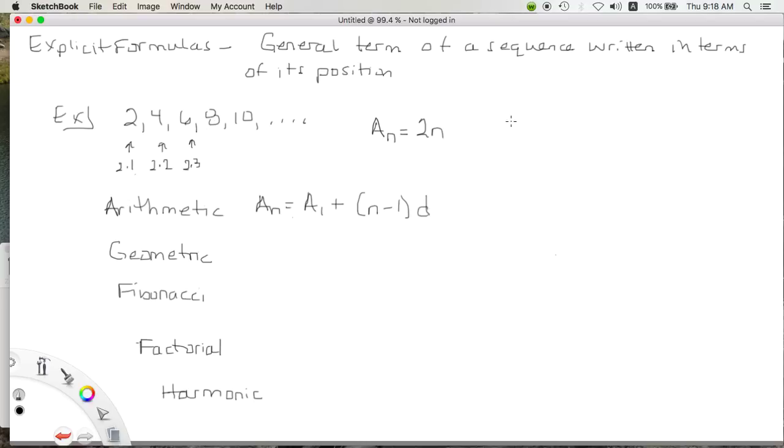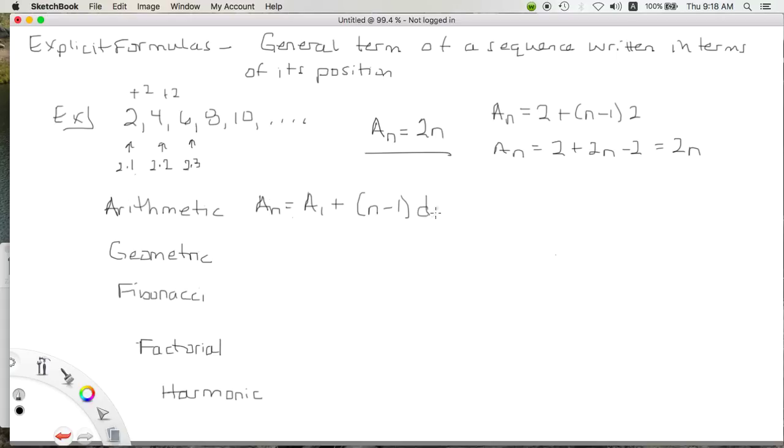So for this one here, we added 2 between each term. This is an arithmetic sequence, so we could write this as a_n equals the first term plus n minus 1 times the common difference. And then you'll notice that if you distribute, you get exactly what we said it was going to be. So this formula works for an arithmetic sequence.